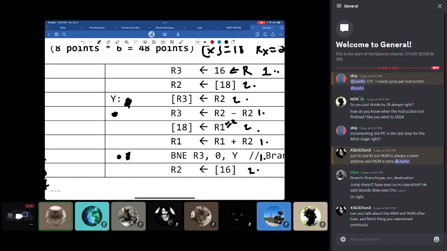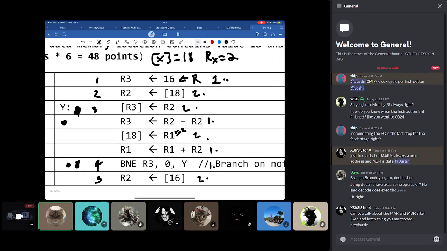It would be 1 instruction, 2 instructions, 3, 4, 5 instructions. And then from that, let's determine what the memory reference count would be. This would still be 1. This would be 2, and this would be 2. But then we go down to here. This will be 1, and this will be 2.